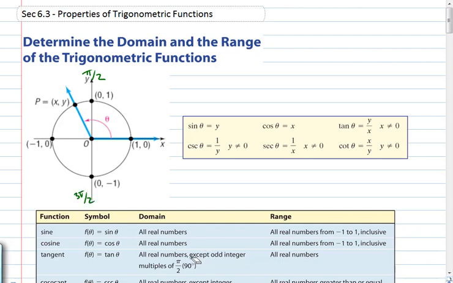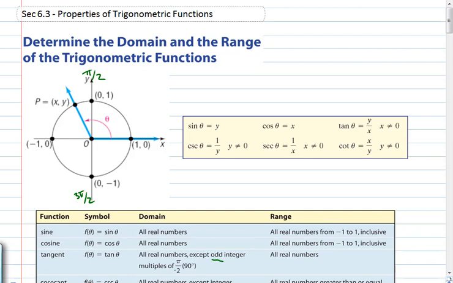So it looks like it's going to be at odd integer multiples of pi over 2. 1 pi over 2, 3 pi over 2. Not 4 pi over 2. It's just 1, 3, 5, 7, 9, 11, and so forth and so on. Because if we have 2 pi over 2, that's pi. So that's why it has to be odd integer multiples of pi over 2.